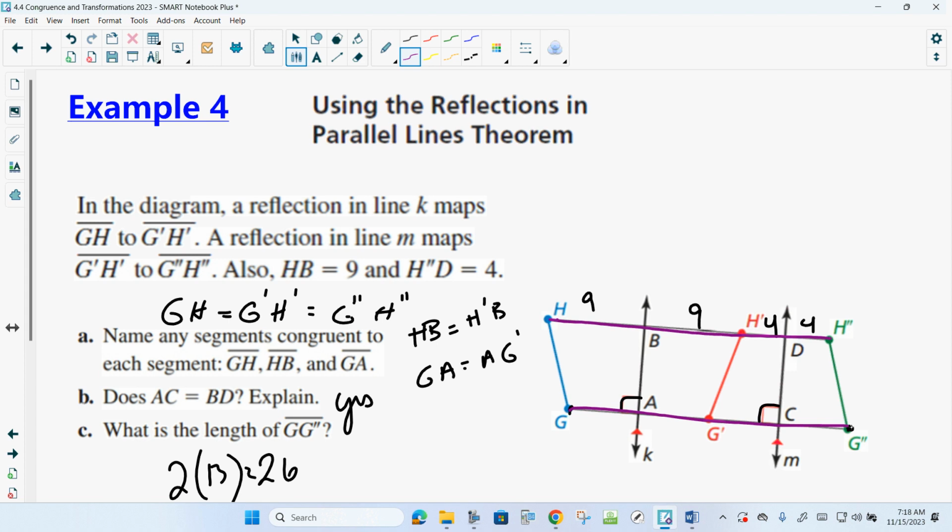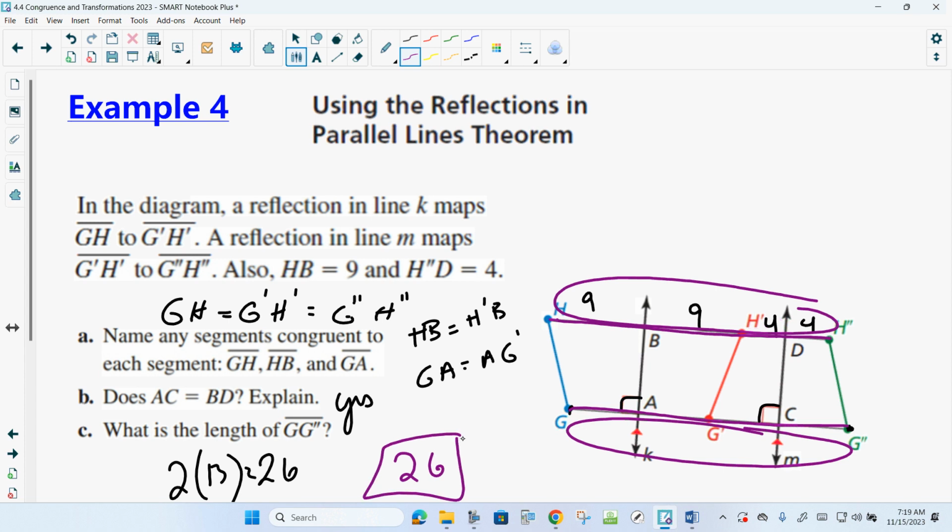And so the distance across the top would equal the distance across the bottom, just like a rectangle. And so 9 plus 9 plus 4 plus 4 would be 26. So again, there is a formula involved there, but to me, it makes more sense to think of it as a parallelogram that has congruent sides on the top and congruent sides on the bottom.